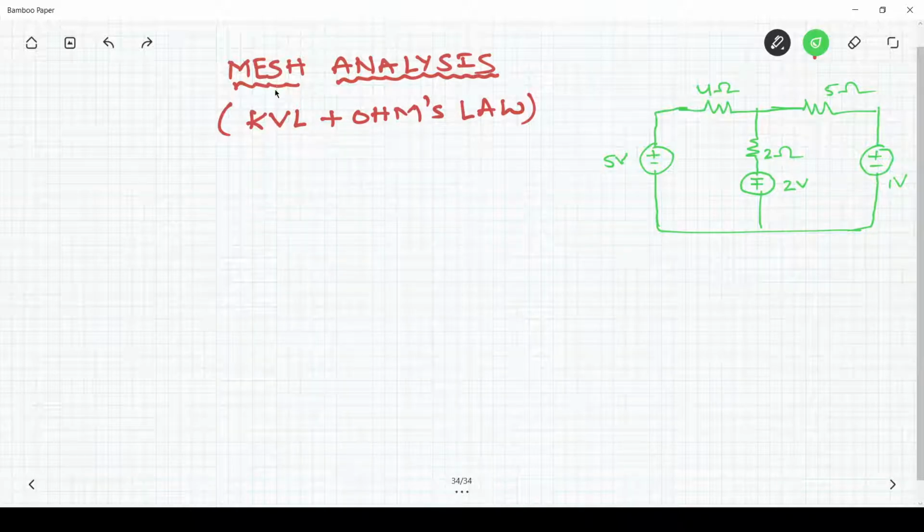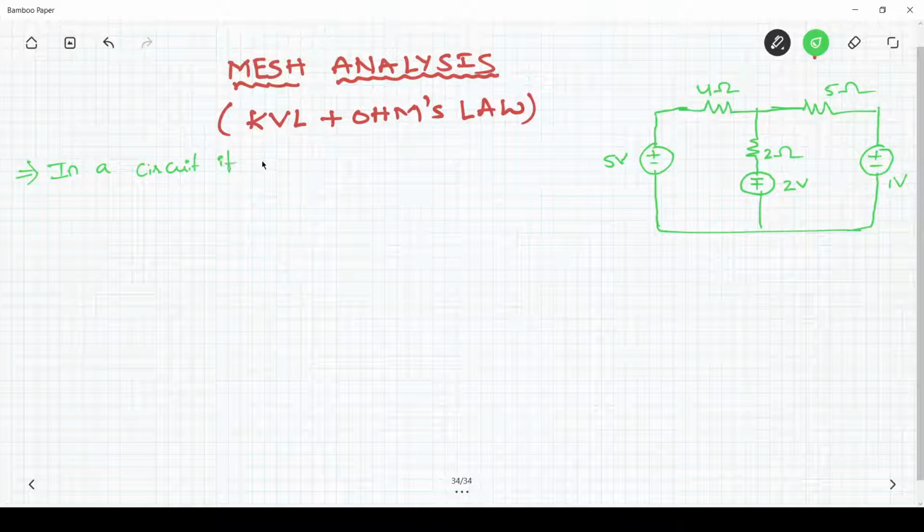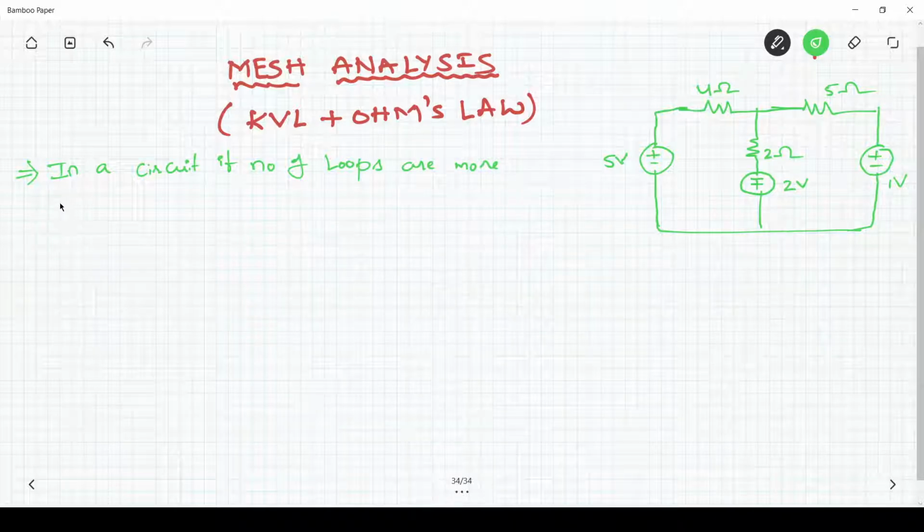First question is, when do we apply mesh analysis? We apply mesh analysis in a circuit if the number of loops is more.